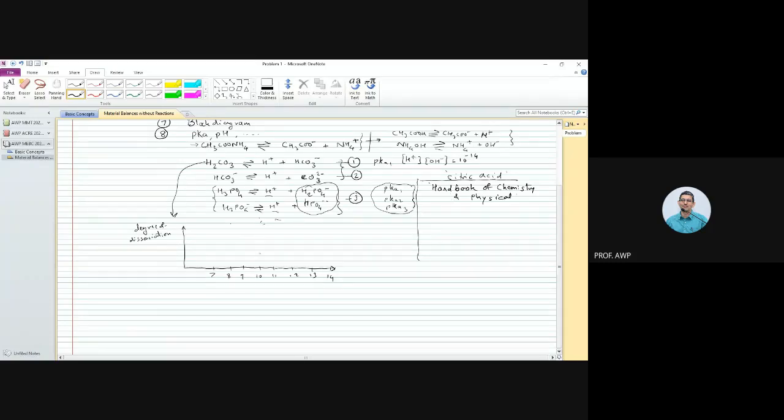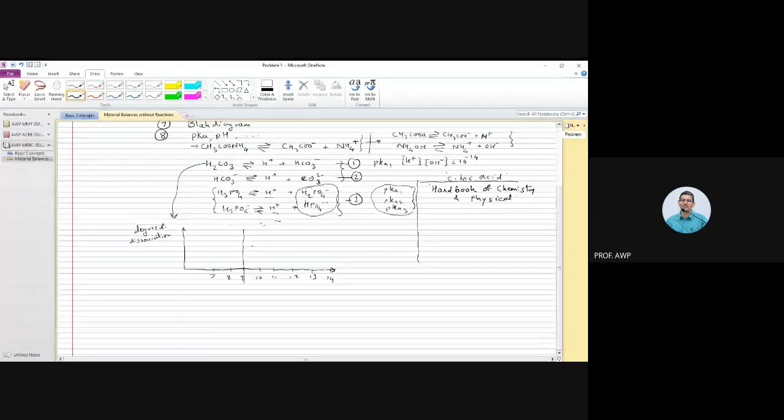So if you stop at around pH 9 or pH 10, you will have essentially bicarbonate ions present, practically almost 100% bicarbonate ions and practically negligible carbonate ions. Why? Because the second dissociation constant, the pKa2, we have not yet crossed that particular pH.